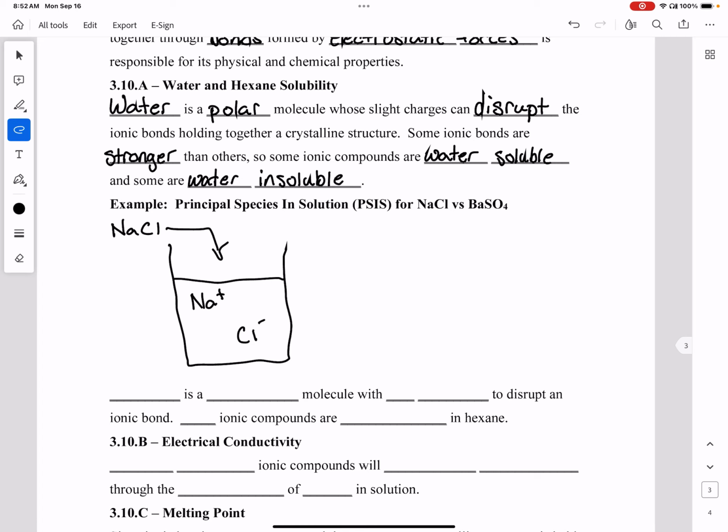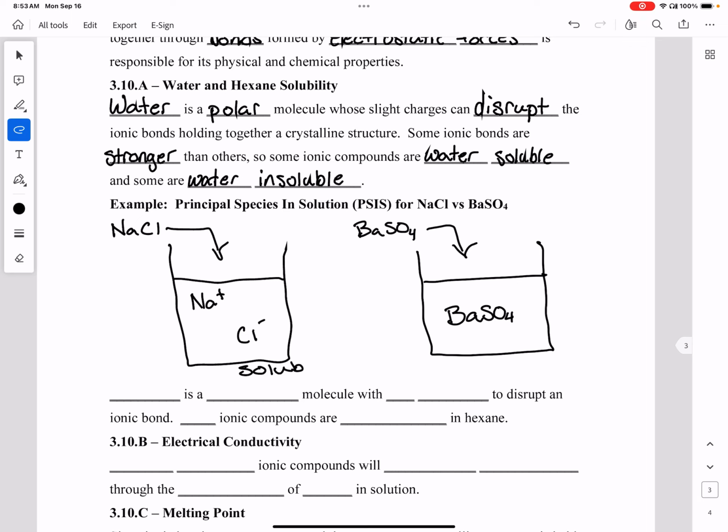And this is called drawing your principal species in solution. I'm just stating what's there. But if I put barium sulfate into this beaker, the ions are not going to separate. So this is soluble, and this is insoluble.